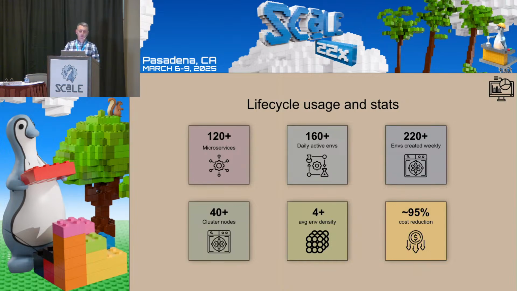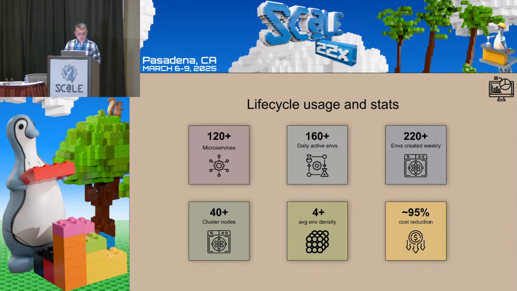We have over 220 environments created weekly. So that's what, like 40 a day, 40, 50 a day? These are average numbers. The cluster that Lifecycle runs and deploys these environments on has over 40 nodes. Nodes are 16 CPU and I think 64 gigabyte memory nodes, so they are not small nodes.